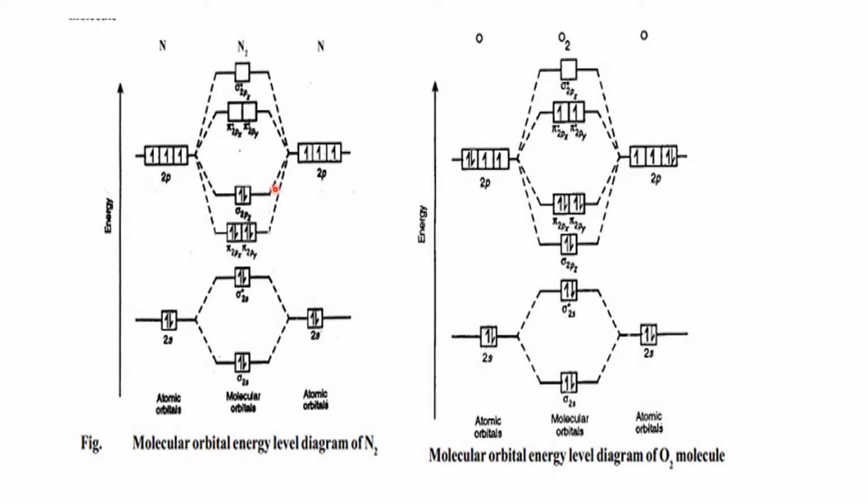So when we write the molecular orbital configuration of nitrogen, sigma 1s has minimum energy, then sigma star 1s, then sigma 2s, then sigma star 2s. Then it goes to pi 2px, which has the same energy as pi 2py. Then we have the sigma 2pz.